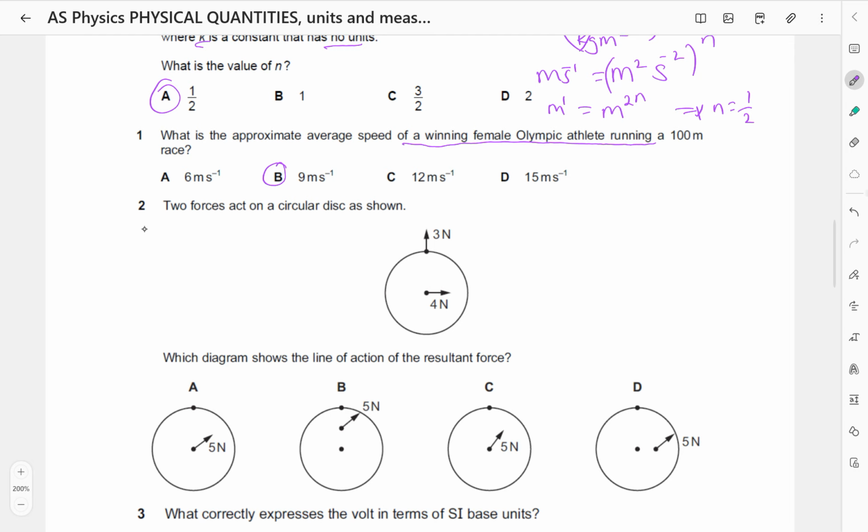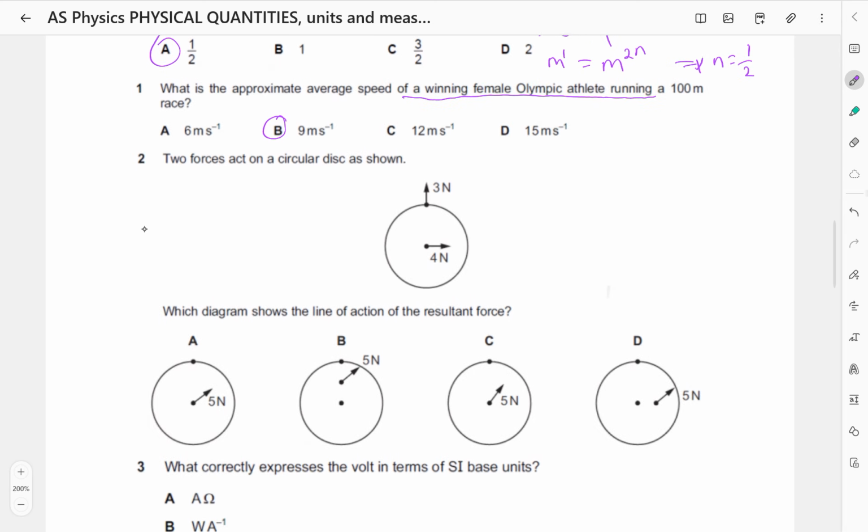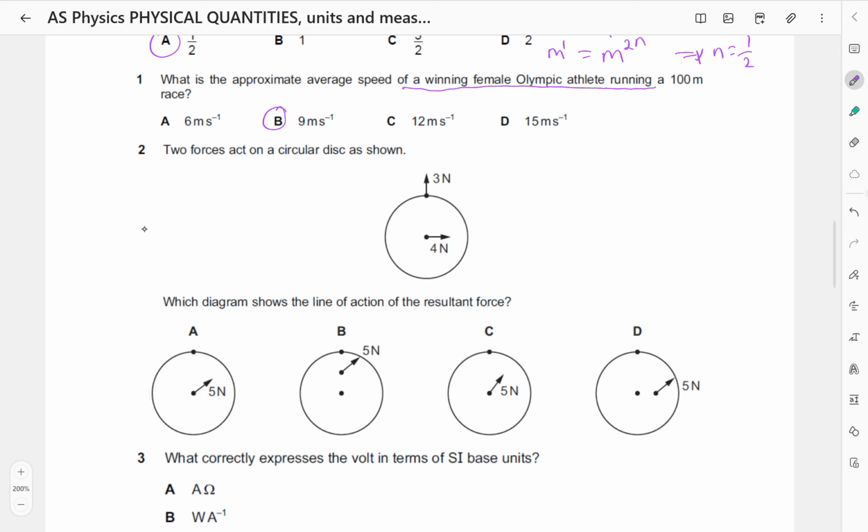Two forces act on a circular disk as shown. Which diagram shows the line of action of the resultant force? So I can bring this one downwards, and that line of action is there.